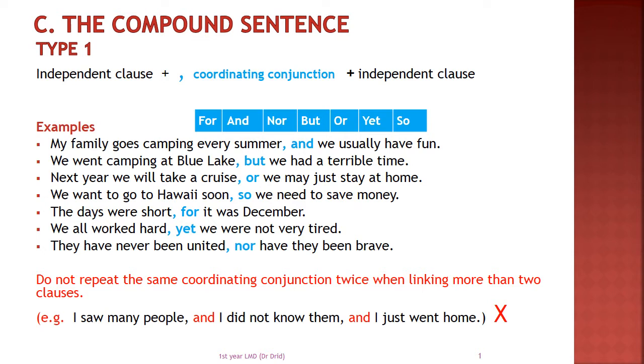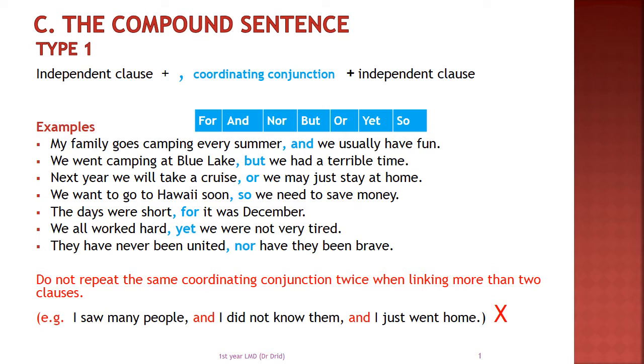But is different. We went camping at Blue Lake, but we had a terrible time. The meaning of but is concession. What is concession? Concession means that something is unexpected in view of what was said before.